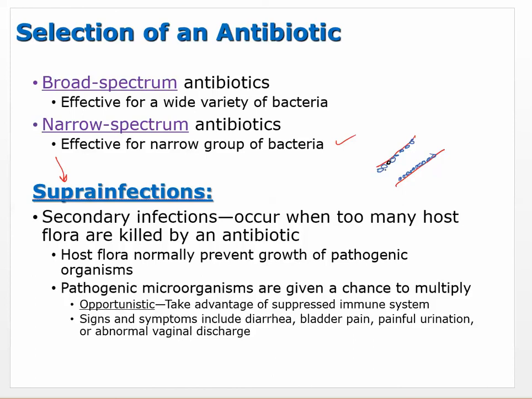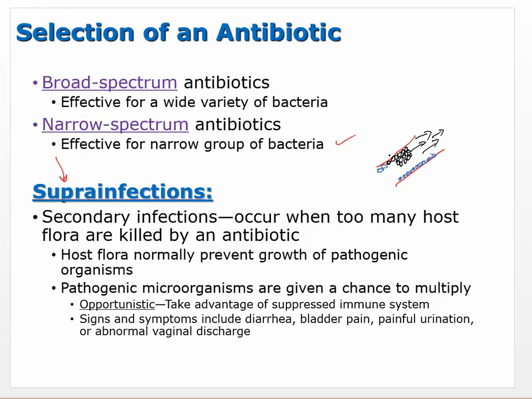Well, if you kill off all of its little friends, then that C. diff, which is pathogenic but just not causing any problems because it's being outcompeted, suddenly starts to replicate because you've used an antibiotic and killed the competitors. Okay, so that's a superinfection.